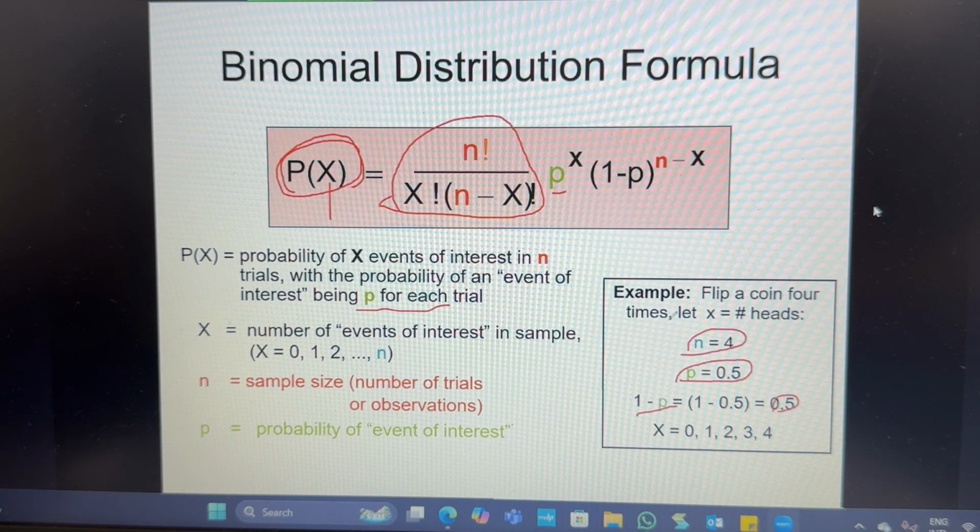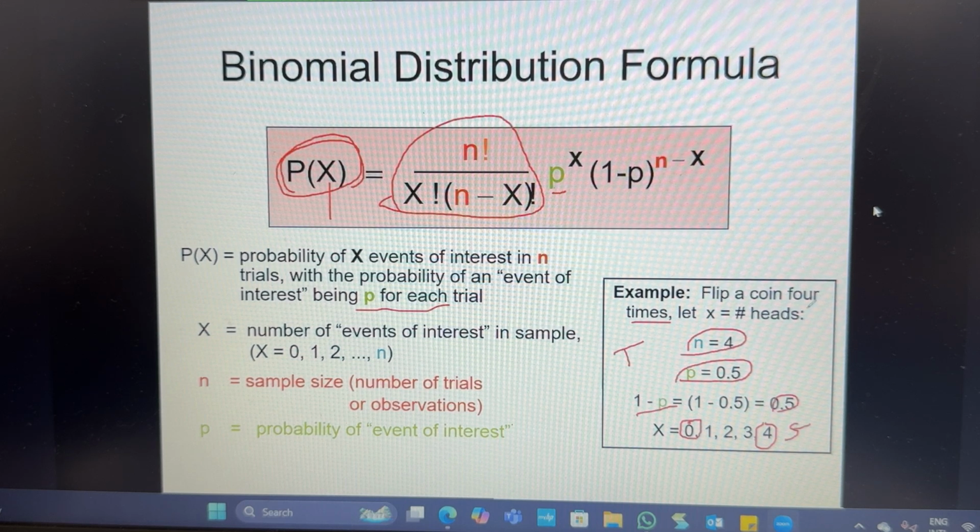When you flip a coin 4 times, what happens? All 4 times you may get head, so you define x as the number of heads. Or all 4 times you may get tail. Or only once head, 3 times tail. Or 2 times head, 2 times tail.